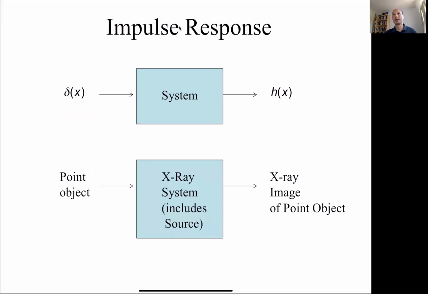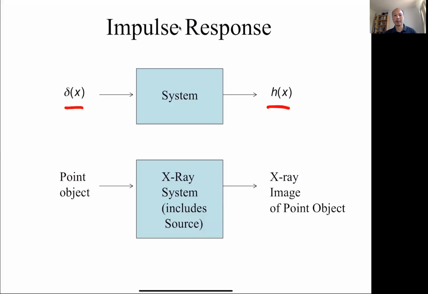Just to take another look at impulse responses, we will denote the input to our system as a Dirac delta function. We typically use the letter H, although any letter can be used, but for most of this lecture, I'll use H. So H of x would be the response of the system to an impulse.